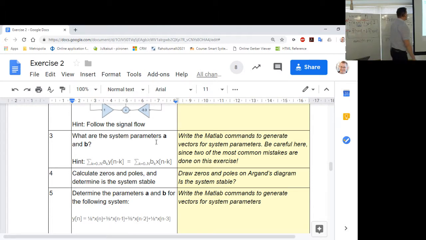That's the difference equation. System parameters you get when you move all the terms of y to the left-hand side and leave all the parts that have x on the right-hand side. Then you have a corresponding parameter, Ak, corresponding to delay k, same for that one. And the parameters are basically vectors B for x and A for y.